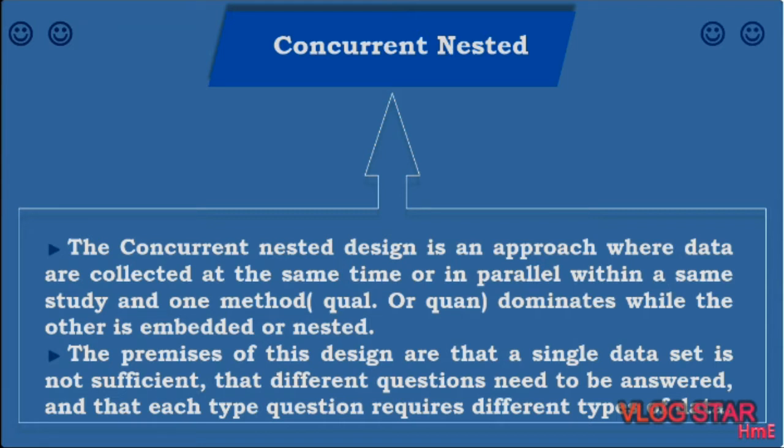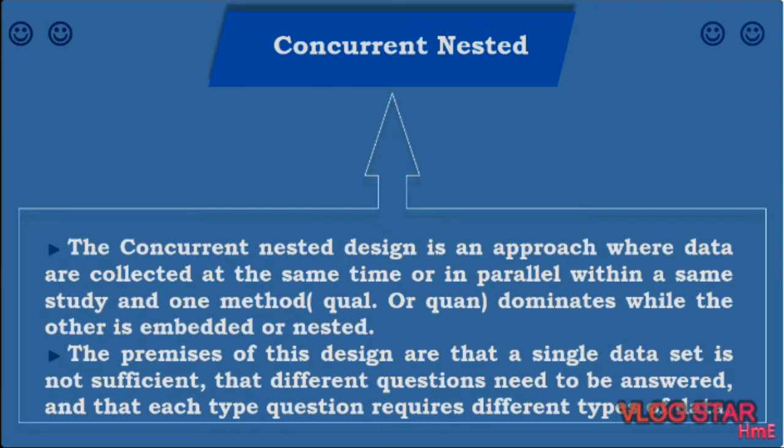The premises of this design are that a single data set is not sufficient, that different questions need to be answered, and that each type of question requires different types of data, which is the most important point of this concurrent nested design.